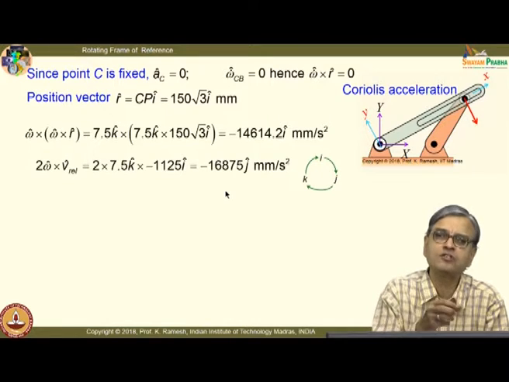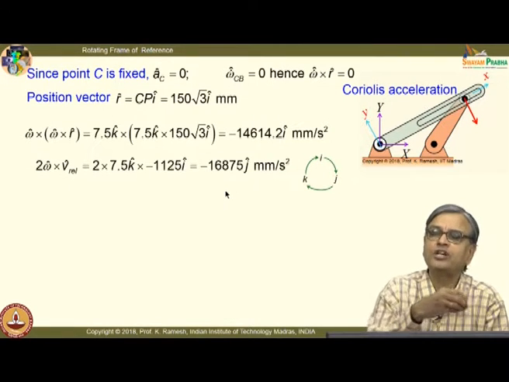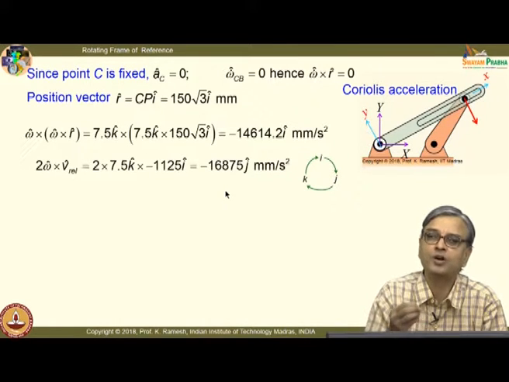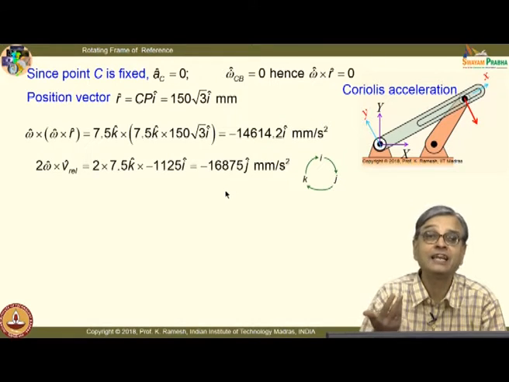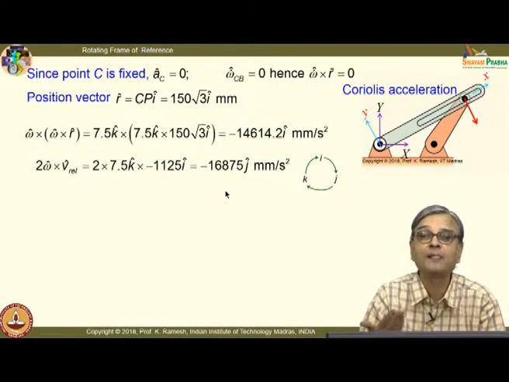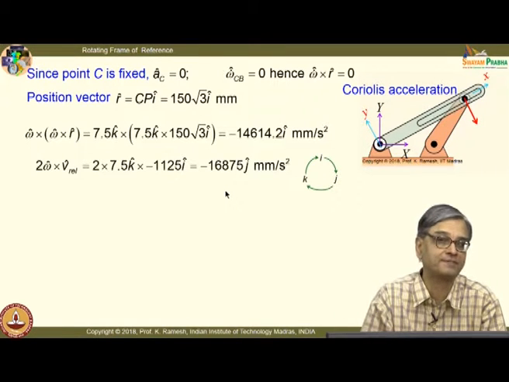If you hang on to mathematics, absolutely no difficulty in getting the Coriolis acceleration. See, one of the important learning that you have to understand is what is the direction of it in relation to the slot, how it is located. These all become important when you analyze physical problems.